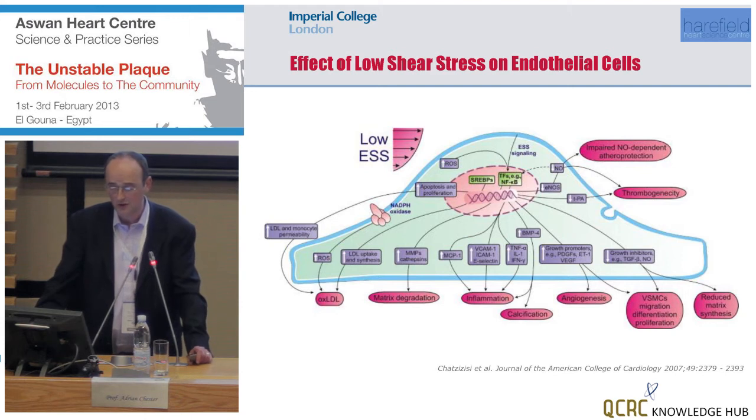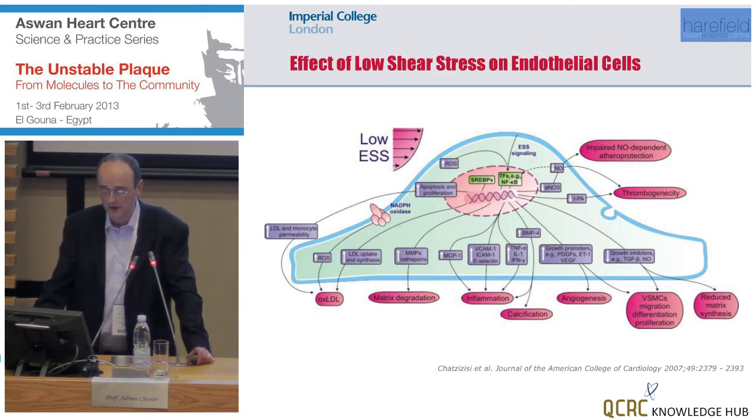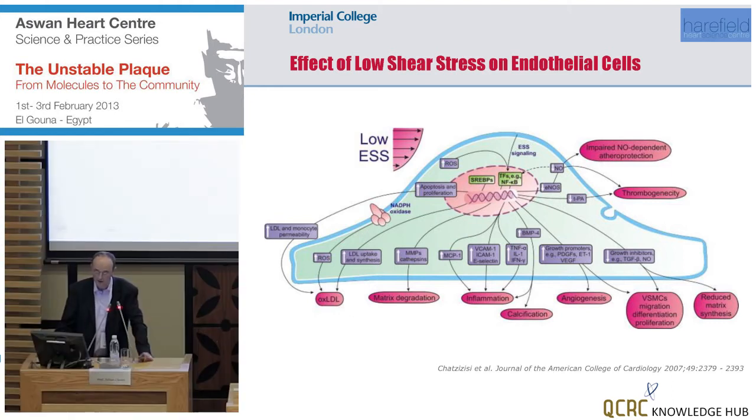And indeed this cartoon shows, it's rather complicated, but shows that shear stress or low shear stress on an endothelial cell can induce a whole range of signaling mechanisms, with just drawing attention to the fact that shear stress is an important signaling stimulus for the release of endothelial-derived nitric oxide, which may induce changes in how cells attach to the endothelium or changes in how it signals to the underlying smooth muscle cells.